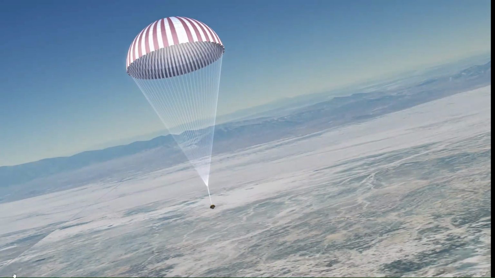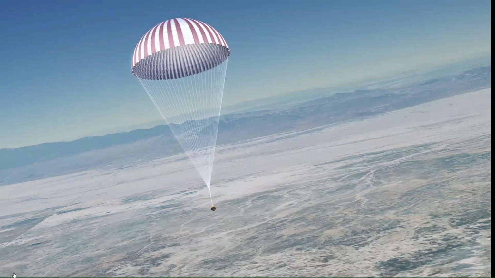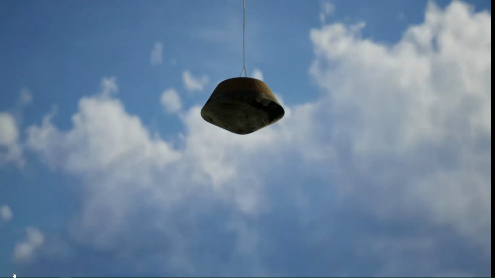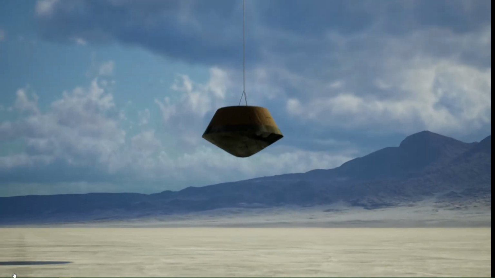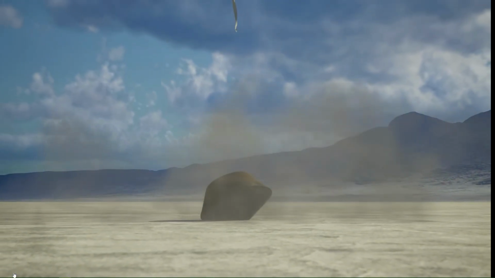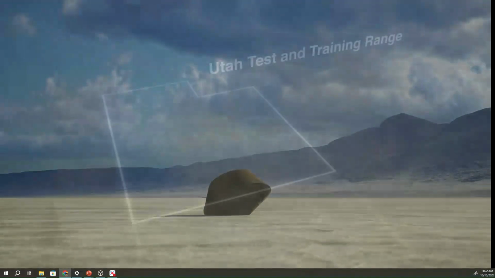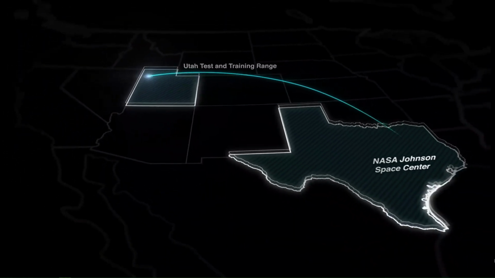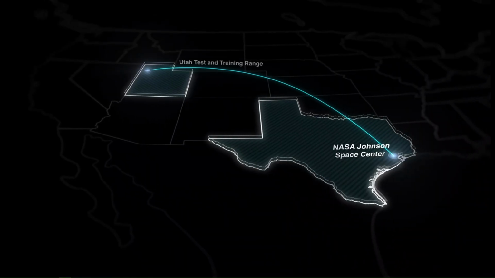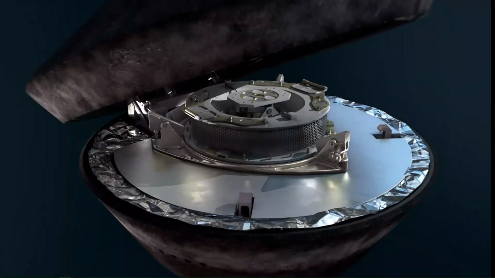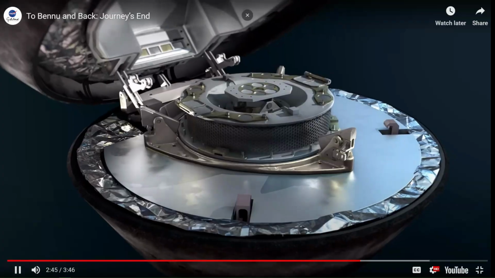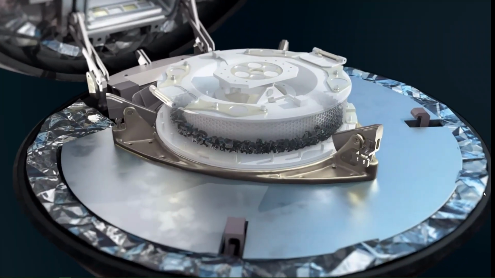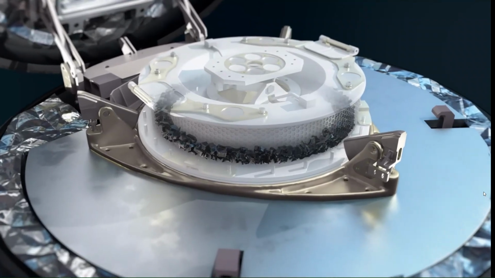It will make its final descent at a leisurely 11 miles per hour, like a marathon runner savoring a victory lap, before touching down in the desert soil at 8:55. After ground teams retrieve the capsule, the Bennu samples will be taken to NASA's Johnson Space Center in Houston, Texas. The sample canister will be opened in the Astro Materials Acquisition and Curation Facility, and the samples will be curated, distributed, and studied for decades to come.